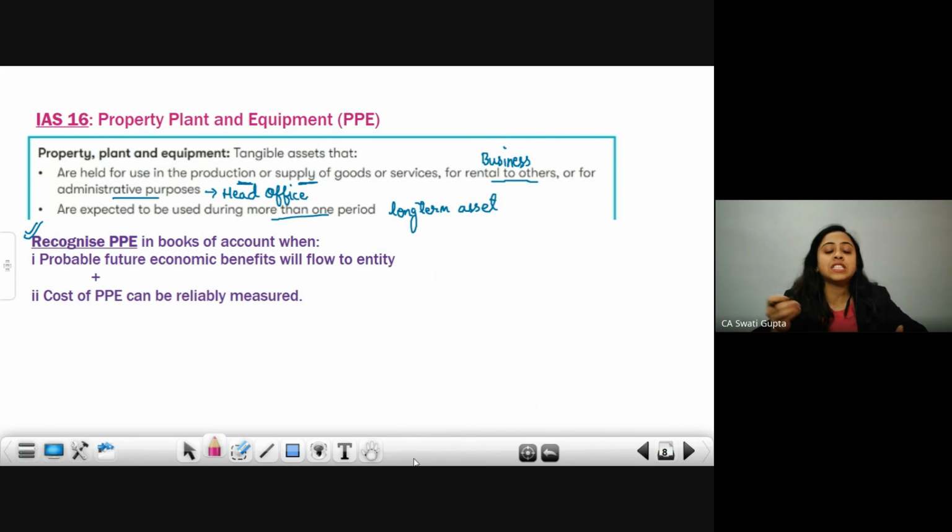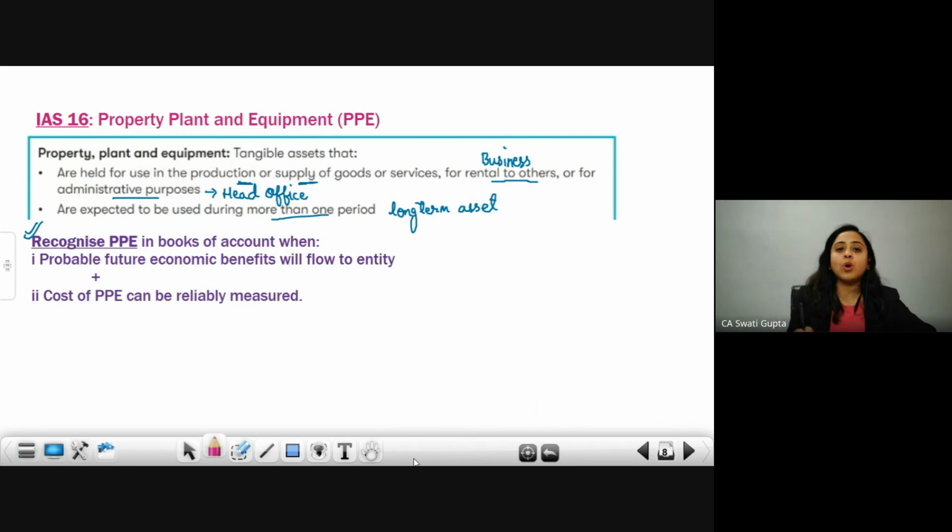Whereas derecognition simply means removing it from the books of account, passing a reversal journal entry. Everybody clear with journal and reversal? Good. Journal entry and reversal journal entry.